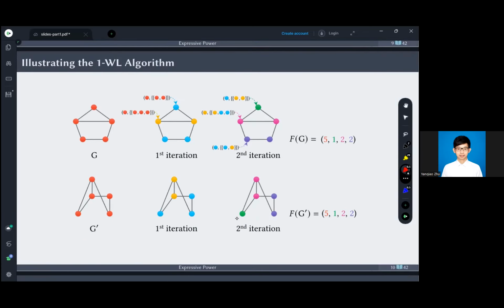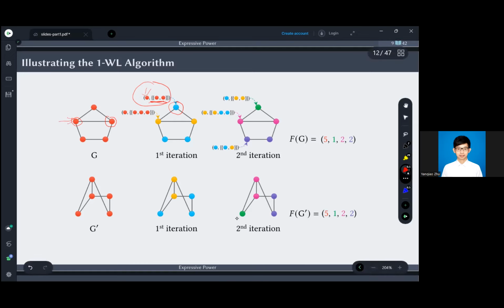Suppose we have two graphs, G and G prime, and we color all the nodes red. For this red node, it has two red neighbors, right? So during the refinement step, during the aggregation step, we obtain a set consisting of two red nodes, plus its own red node. This is the intermediate representation for the top red node.